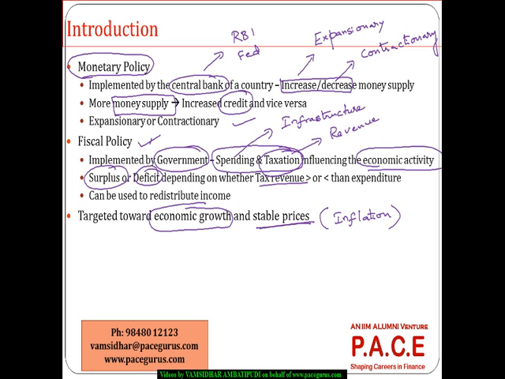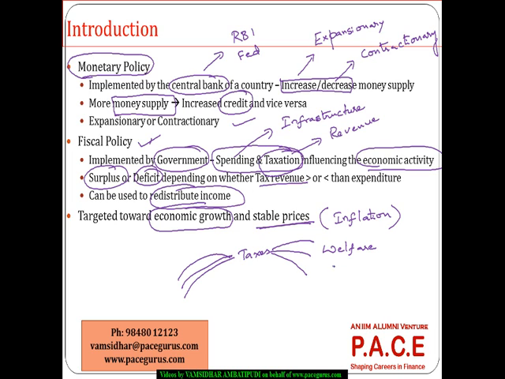And the objective of the fiscal policy also lies in redistributing the income. Collect from the rich people in the form of taxes and pass on the benefits to the poor in terms of welfare schemes.